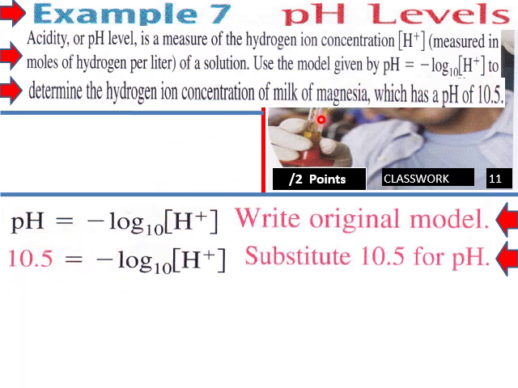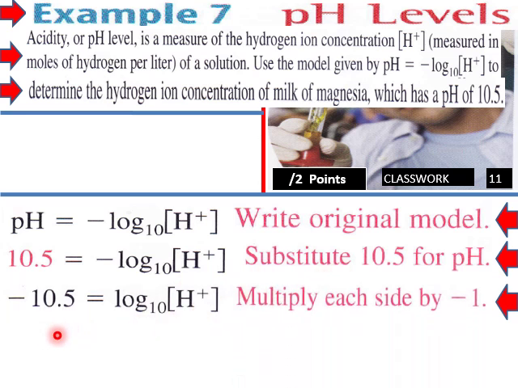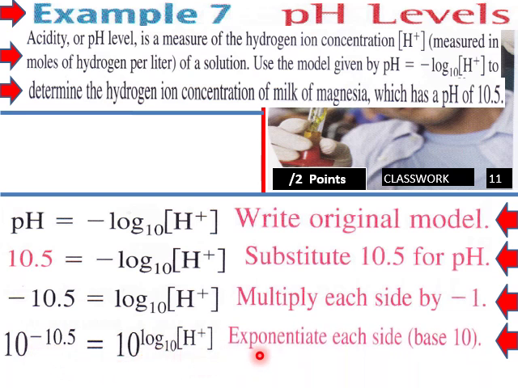We know our pH of milk of magnesia is 10.5, so 10.5 equals negative log base 10 of H+. Then multiply each side by negative 1, so we get rid of this negative over here. And then when we exponentiate each side, 10 to the negative 10.5 equals 10 to the log base 10 of H+.